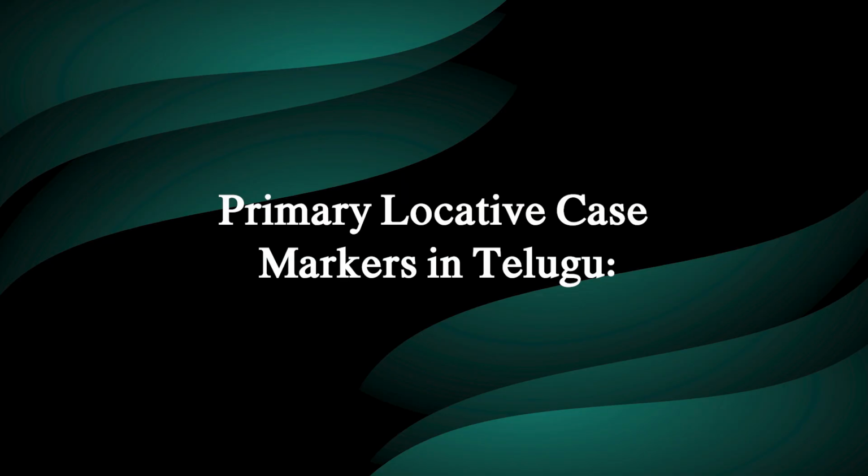Let us start by examining the primary pillars of the locative case markers used in both classical and modern Telugu. Primary locative case markers in Telugu. To describe where something is or when something happens, we rely on specific markers. To speak Telugu fluently, you must be able to anchor your sentences in a specific place or time.